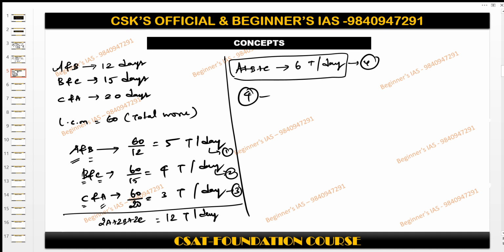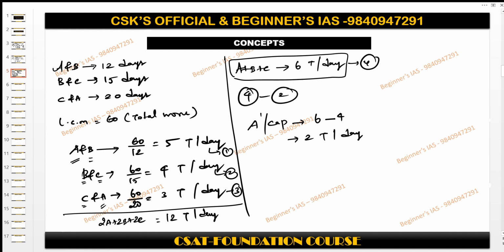Out of these three equations, wherever B and C are there, you should subtract. So equation 2 should be subtracted from the fourth equation. Therefore, we can find A's capacity. A's per day capacity is equal to 6 minus 4, which is equal to 2 toys per day.